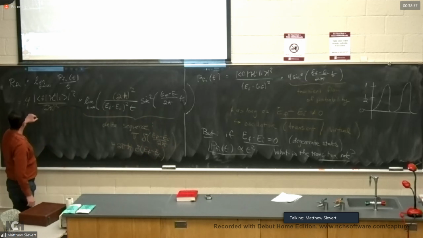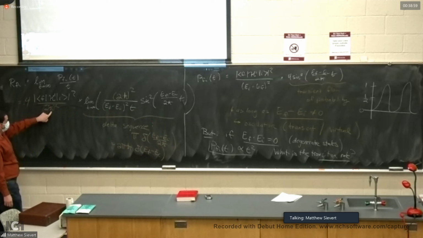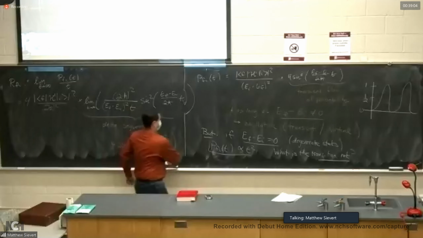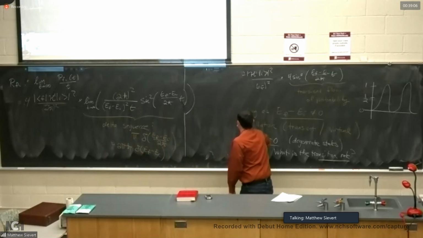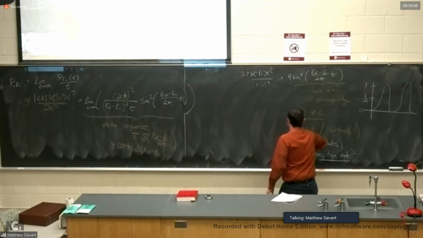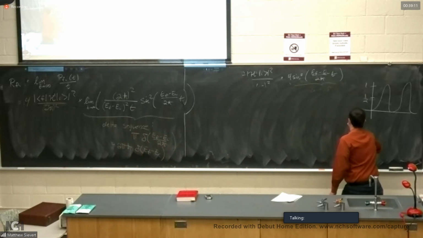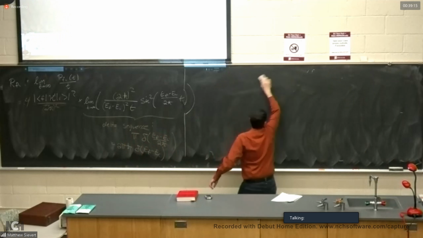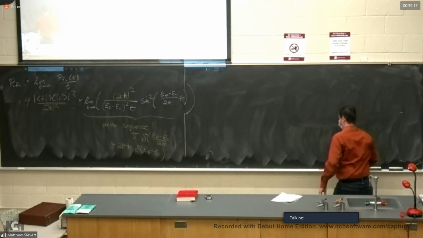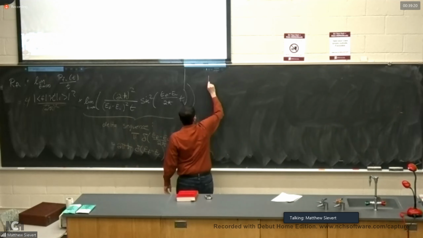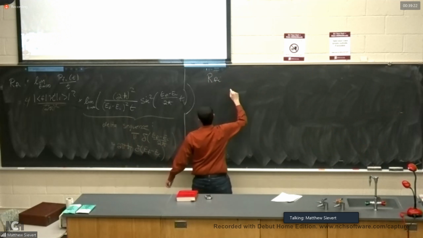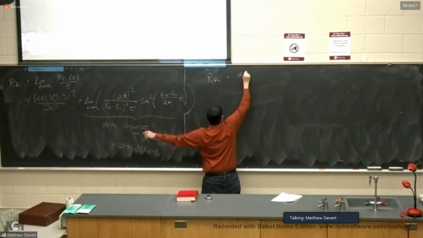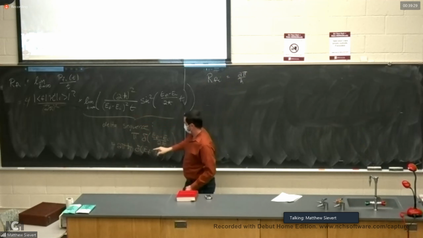And now I clean up all of my factors. The 4 cancels the 4. I've got 1 over ℏ squared here and an extra factor of ℏ there. At the end of the day, what I obtain is something with clear physical meaning. So that transition rate to final state F from initial state I works out to be 2π over ℏ.